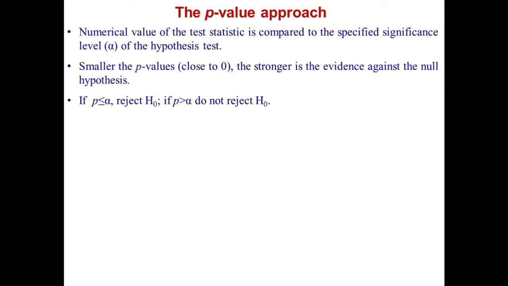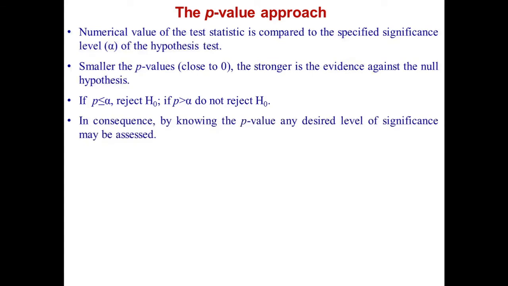In consequence, by knowing the p-value, any desired level of significance may be assessed. For example, if the p-value of a hypothesis test is 0.01, the null hypothesis can be rejected at any significance level larger than or equal to 0.01.